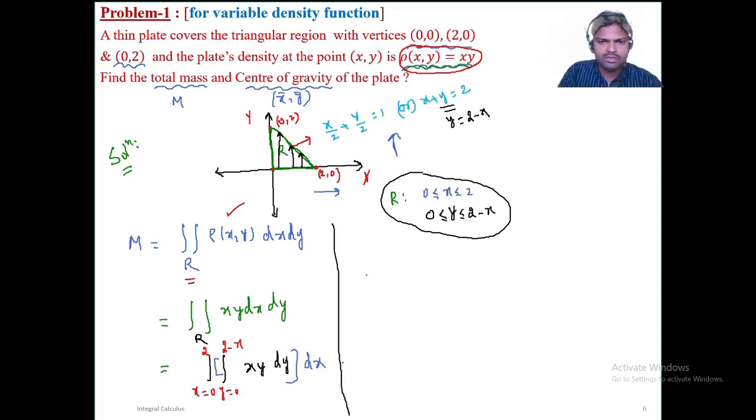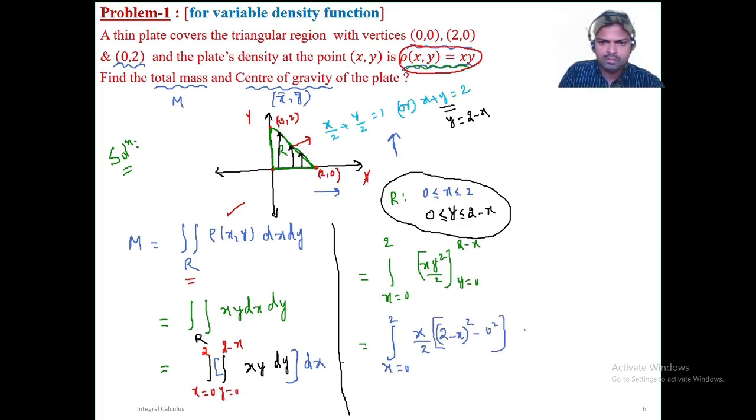So x is running from 0 to 2, and with respect to y we evaluate x into y square by 2, and the y limits are from 0 to 2 minus x. The x by 2 stays outside, irrespective of the substitution of the limits. So 2 minus x whole square minus 0 square, after substitution of the upper and lower limits.